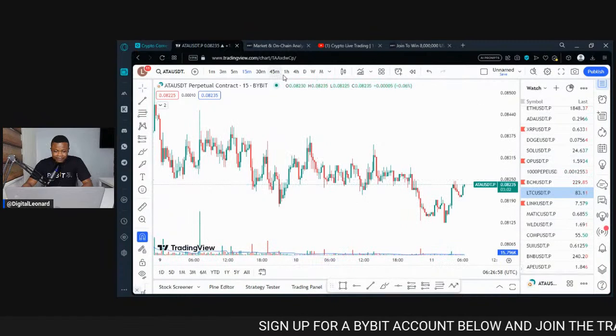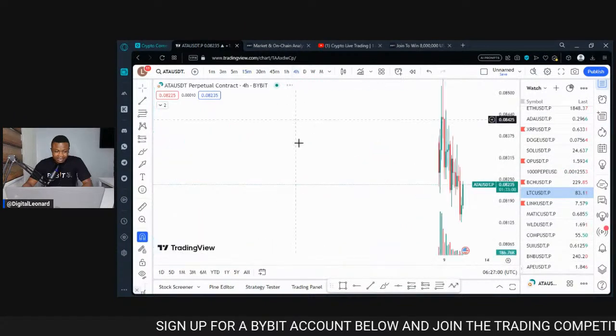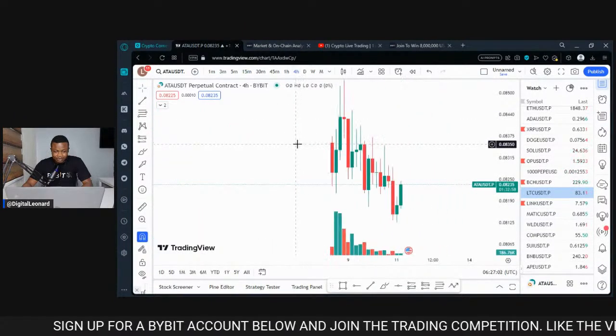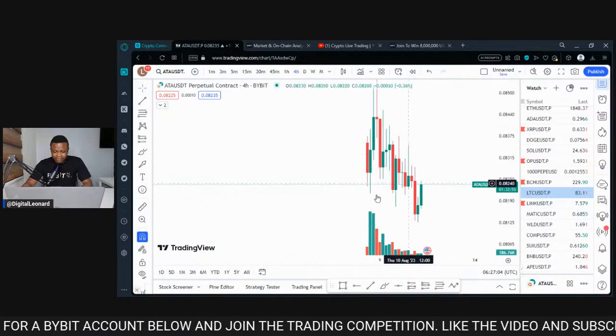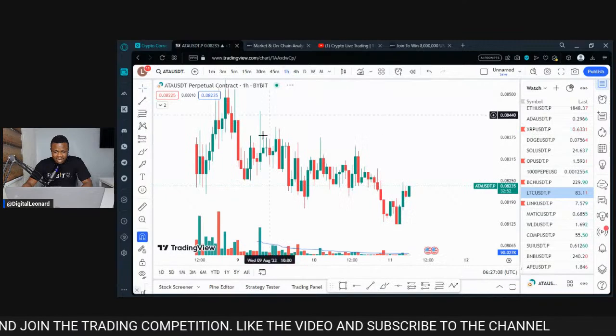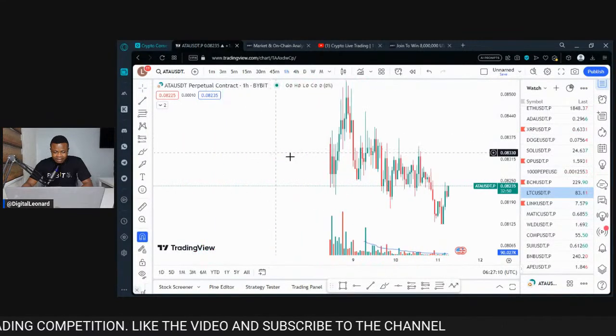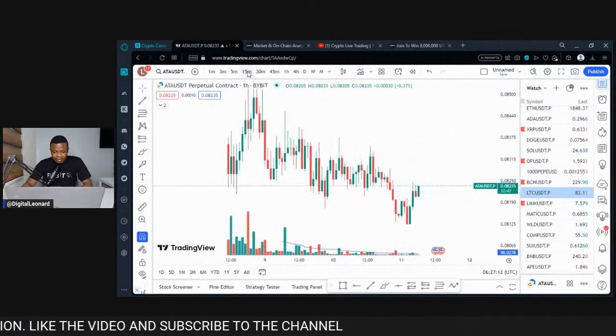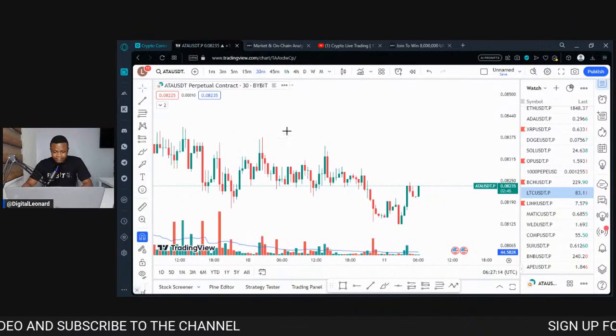So yeah, for ATA, this is a newly listed token, right? It was newly listed on the futures market, and I can't really see any good setup for this.